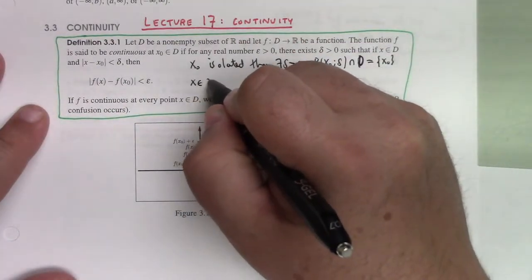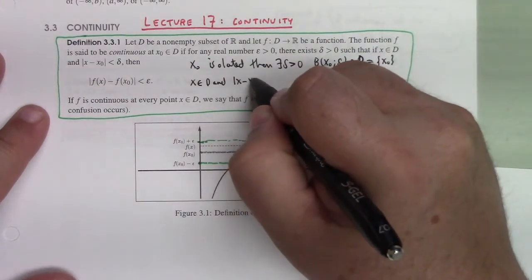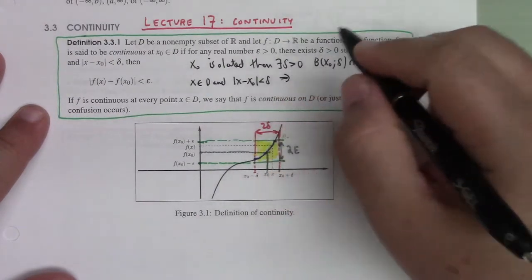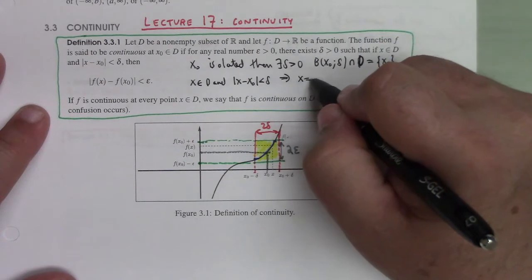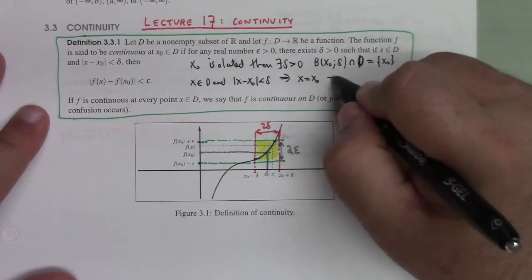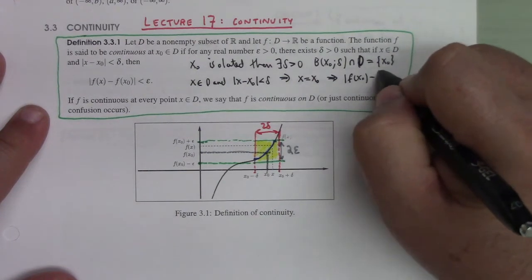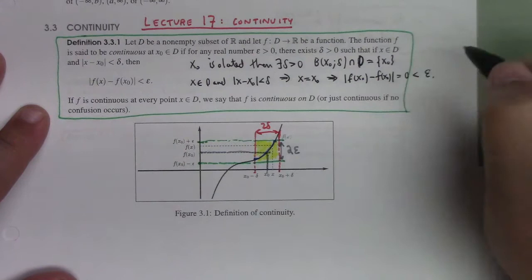So x in D and absolute value of x minus x naught less than delta implies x is equal to x naught, right? And that, of course, implies that the absolute value of f of x naught minus f of x naught is equal to 0, which of course is less than epsilon.